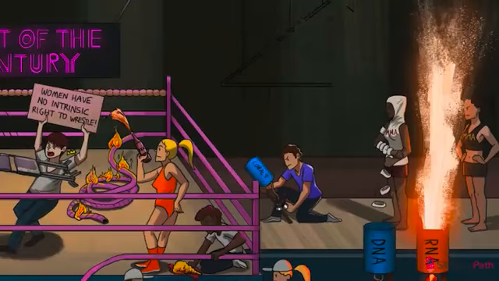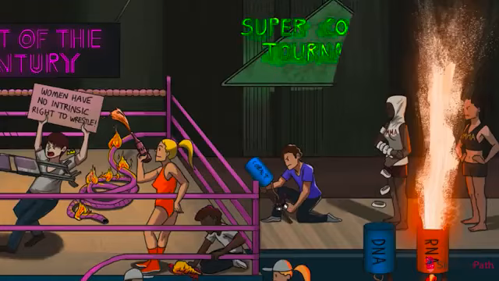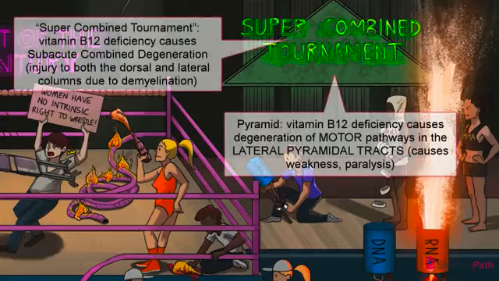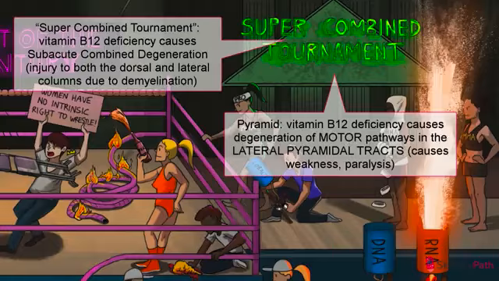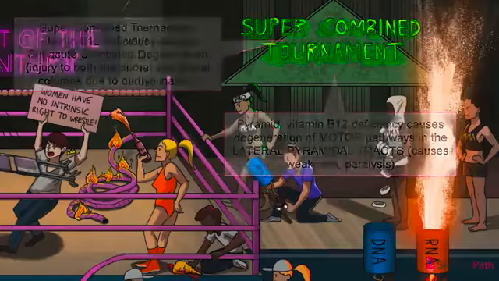One classic presentation results from damage to the nerve tracts inside the dorsal and lateral columns of the spine, a process dubbed subacute combined degeneration. The combined part refers to involvement of both sensory pathways in the dorsal spinal column as well as motor pathways in the lateral pyramidal tracts, columns and pyramids.